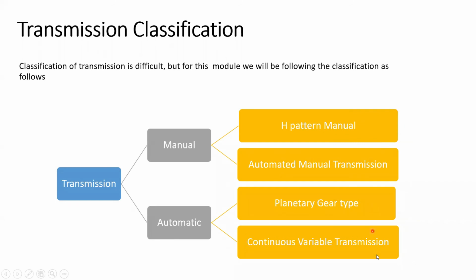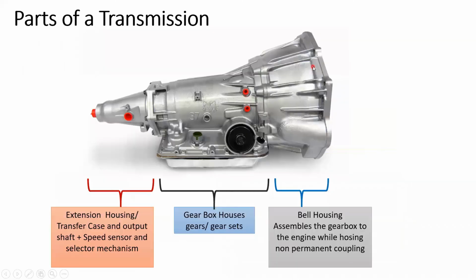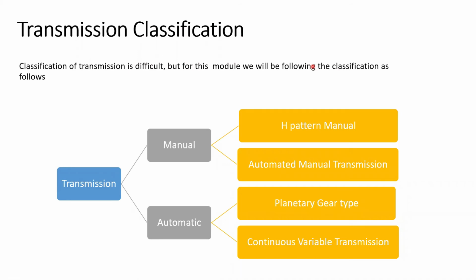Both of these can also operate similar to a manual transmission nowadays, thanks to the computer control system. That again comes back to the powertrain control module. Anyway, these are somewhat clear and simple classifications, and you can just remember how these are classified.